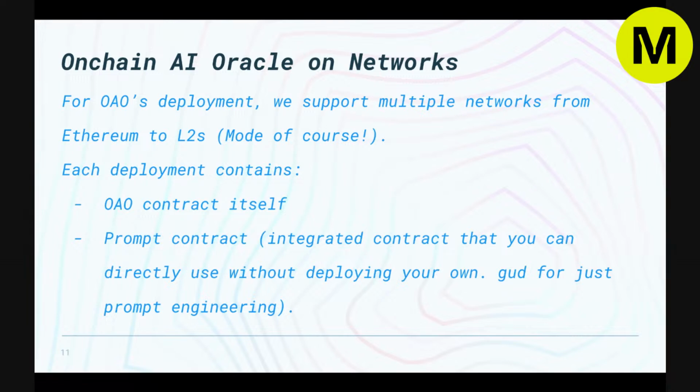You can connect the prompt contract with maybe your front end application, and then you can just call it with different prompts to get different on-chain responses, and you basically don't need to have the experience to write smart contracts to build with on-chain Oracle, because we already wrote this prompt contract as the minimum implementation, and you can just connect with the implementation and build your own application with only a front end.